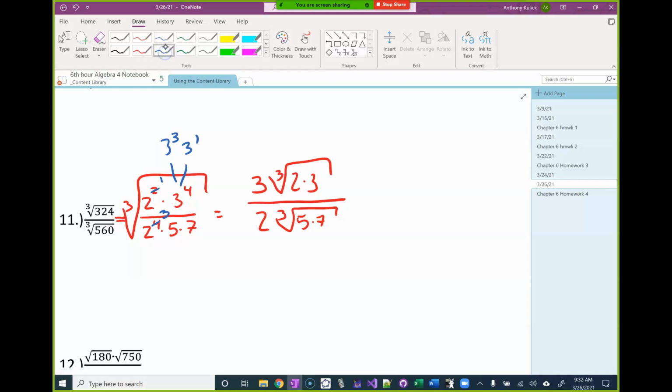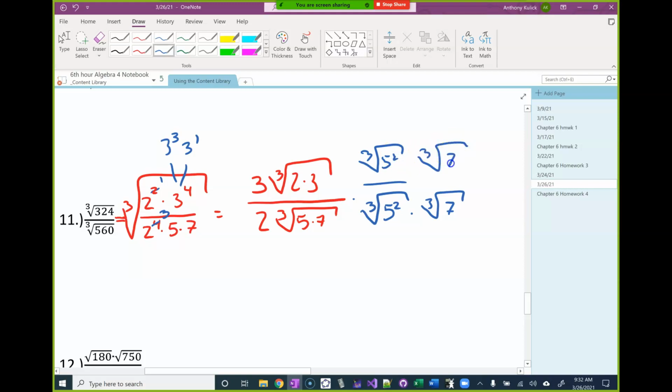Now we'll rationalize. So I need to get rid of the 5 and 7 inside the cube root. I need 2 more 5s and 2 more 7s, right? So I'll multiply by cube root 5 squared and cube root 7 squared.